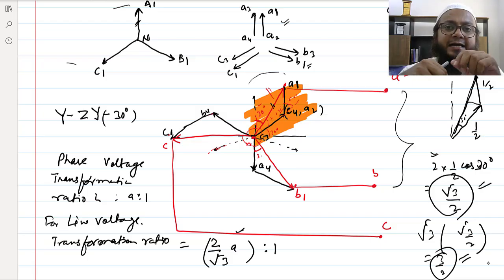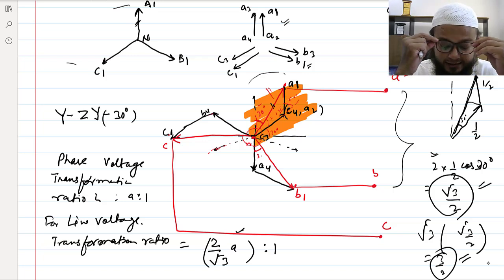Since this is delta connected, the sum of these currents won't be 0, and that will flow within the delta network. And the line current will be balanced; the sum IA plus IB plus IC would be 0 there. So that is the use there.